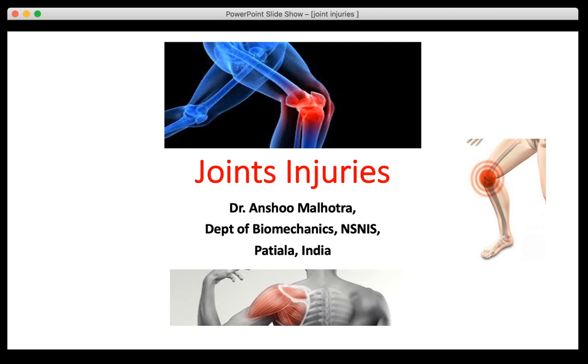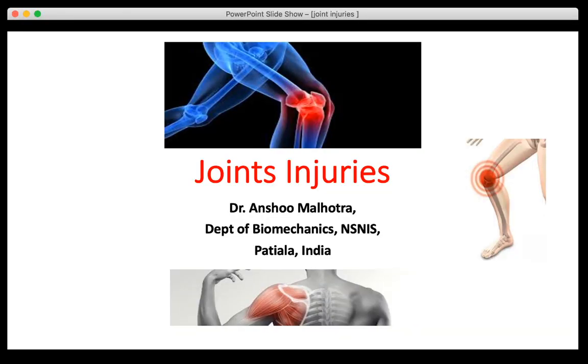Before going further, keep in mind that joint injuries occur more in those joints which allow maximum movements. The joints which don't allow much movement, like those in the skull, don't allow movement at all, so their chances of injuries are very less. Joint injuries are always more in number in joints which allow a good amount of movement, like synovial joints: the knee, the shoulder joint, and the ankle joint.